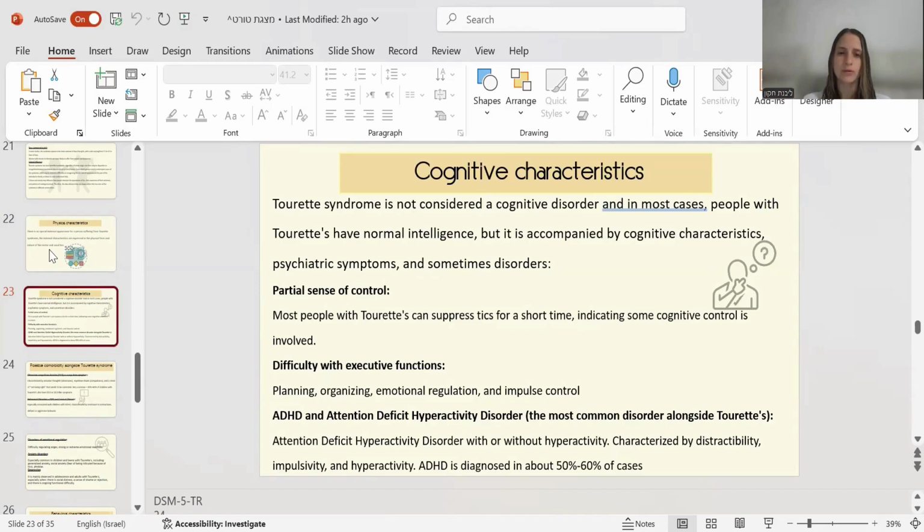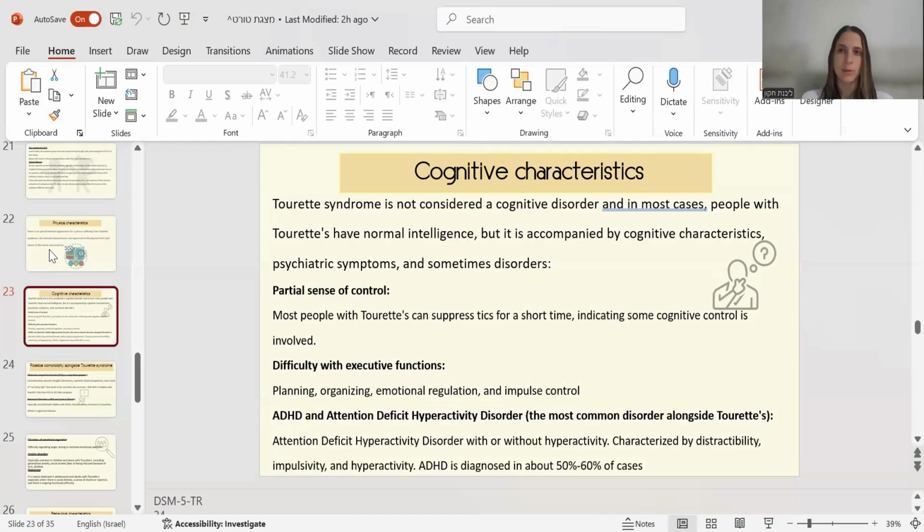Most people with Tourette's can suppress tics for a short time, indicating some cognitive control is involved, with difficulty with executive functions, planning, organizing, emotional regulation, and impulse control. ADHD, attention deficit hyperactivity disorder, is the most common disorder alongside Tourette's.